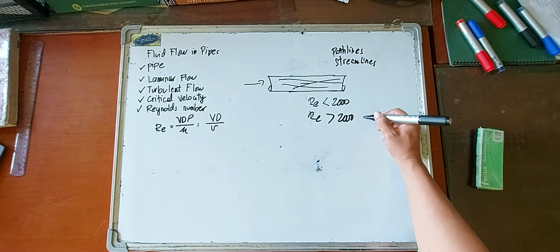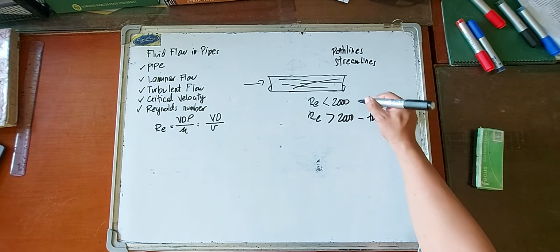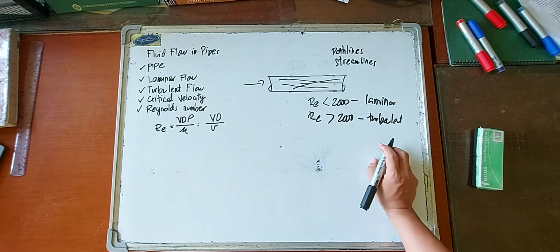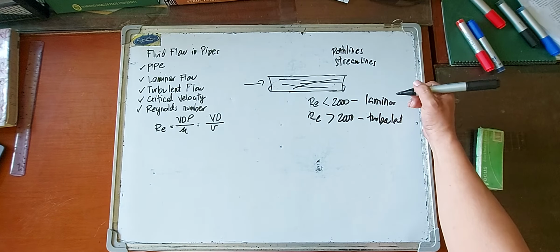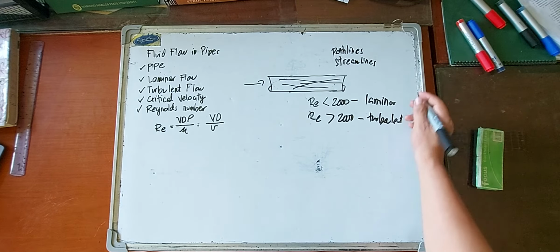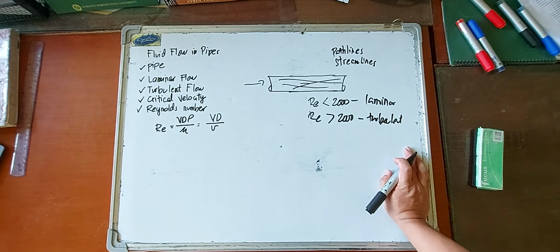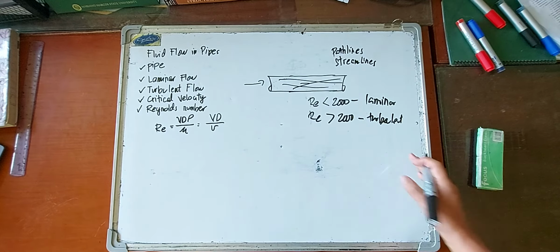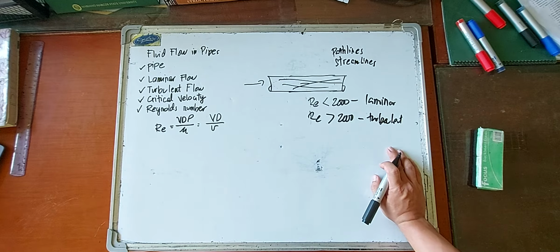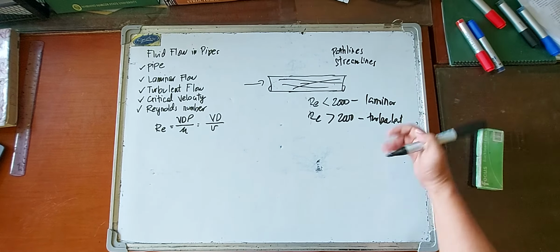Okay, so this is turbulent and this is laminar. Ano bang importance ng pag-identify whether the flow is laminar or turbulent? This would be very important when we compute for the major head losses or frictional losses sa mga pipes. Now, we will try to discuss that later. So for now, we need to know how to identify the type of flow, whether it's laminar or turbulent.